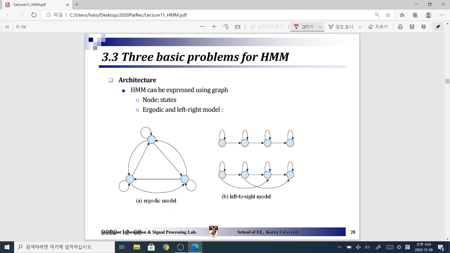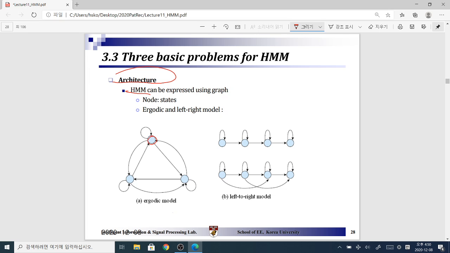Okay, so let's just delve into the three basic problems for HMM. In terms of the architecture, the HMM can be expressed in many different forms of a graphical model.